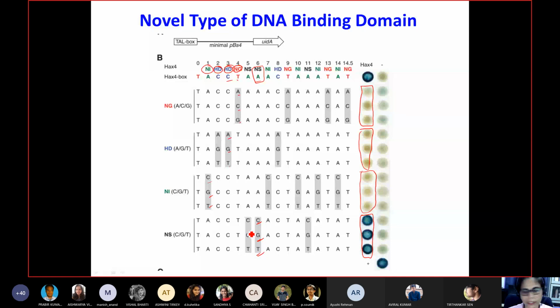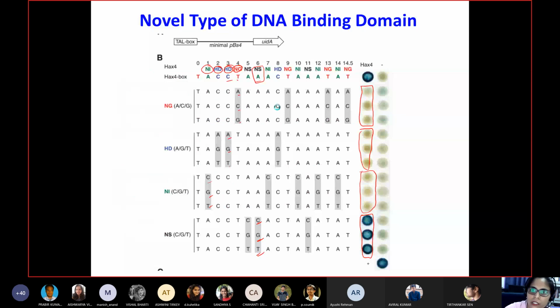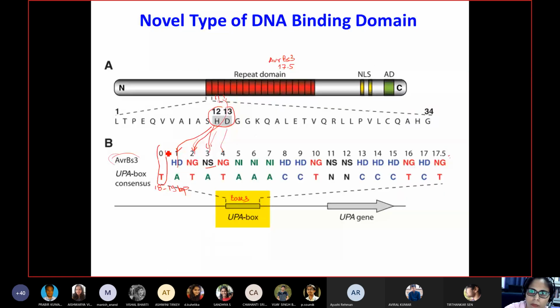So coming to what we have seen so far in the UPA box, the UPA box was found to be one base pair longer than the AvrBs3 repeats. I have not shown that here, but I'll come to it again later. So for all the UPA boxes, for example with 17.5 repeats, there was one base pair longer.